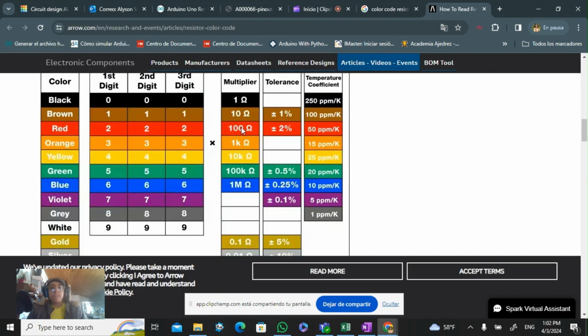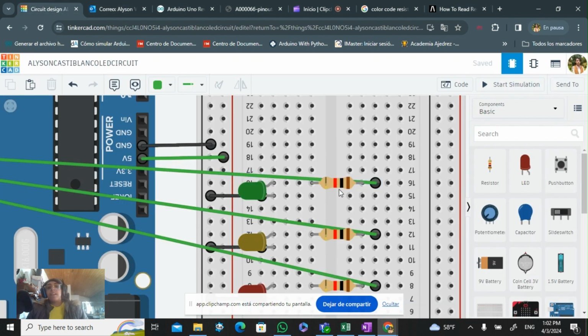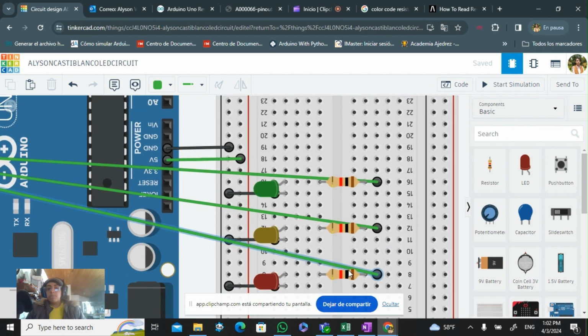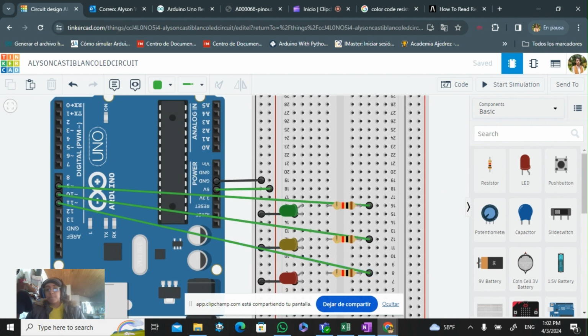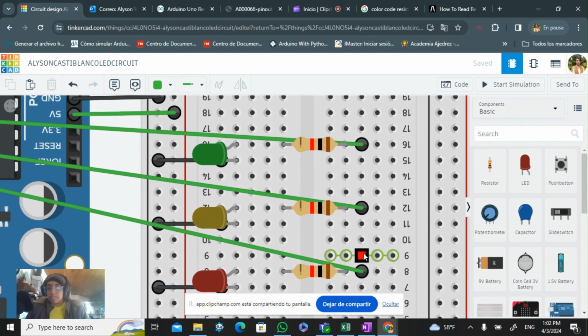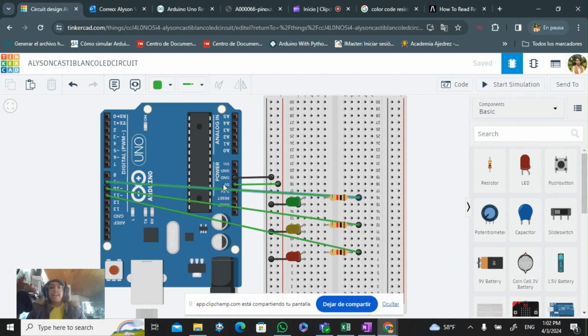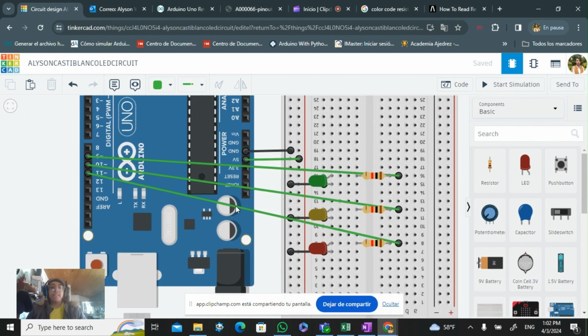So you have to multiply by 100. So 10 multiplied by 100 is 1000. For that reason, we know that this resistor is 1000 ohms, and I suggest that you use this color, because with that we can use these resistors in a lot of circuits, right? So the connection is the same as if you have it in real life.